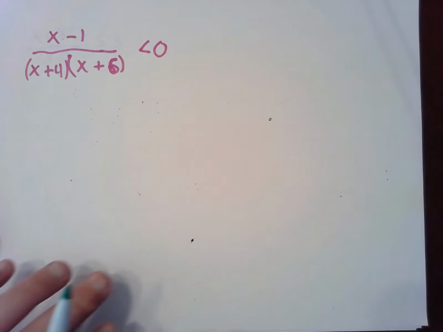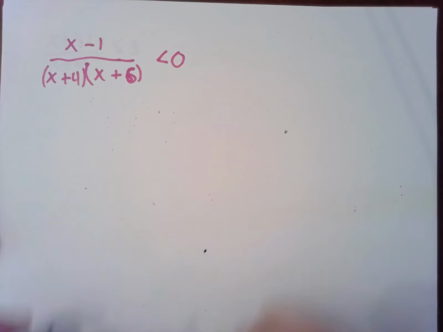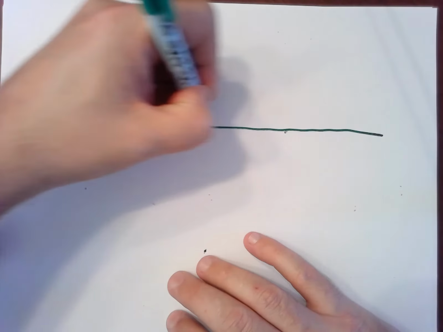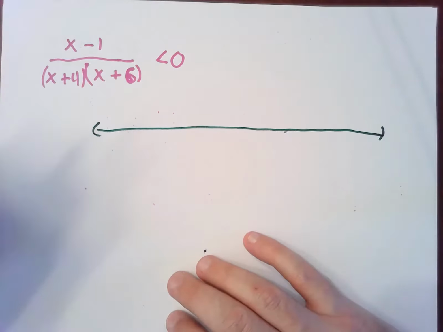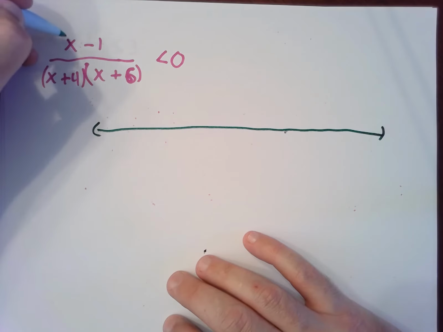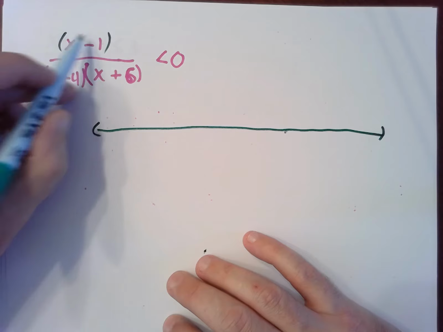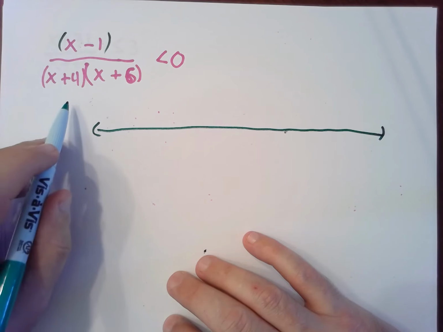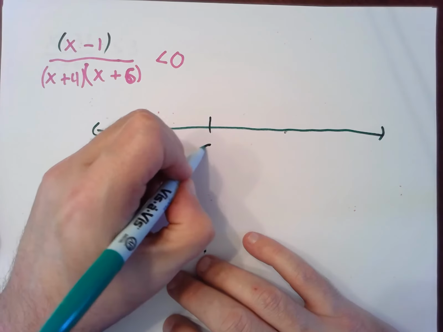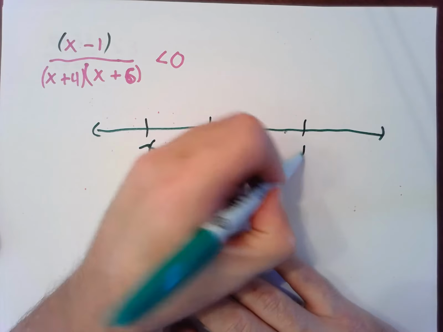Okay, another one. Okay, this guy's already factored. I don't have to do much work here. I draw a number line. On the number line, I list anything that makes any of my factors equal to 0. So I have 3 factors. I'll have 3 numbers on my number line. I've got a negative 6 right here, a negative 4, and a 1.